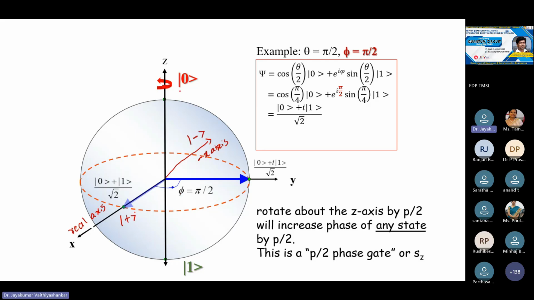So we have state 0, state 1, along with the x-axis, positive state and negative state. In the same way, if you apply the second angle pi by 2, what happens? It will convert the real component into an imaginary component. The y-axis is the imaginary axis. That is why the i will act over here. So you can say negative y-axis. How will you represent the negative i quantum state?